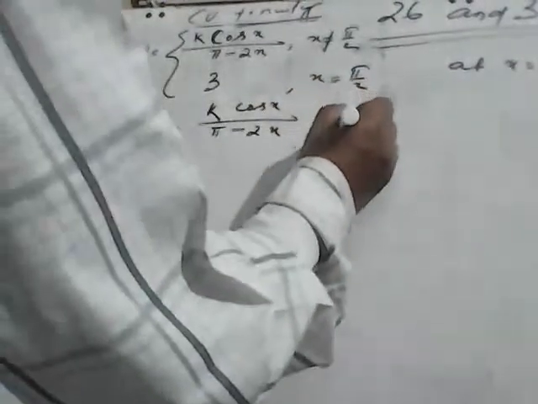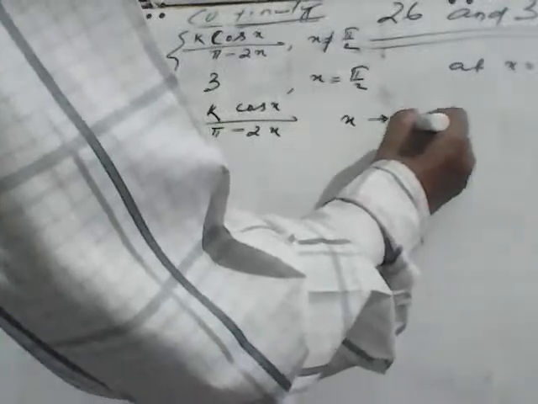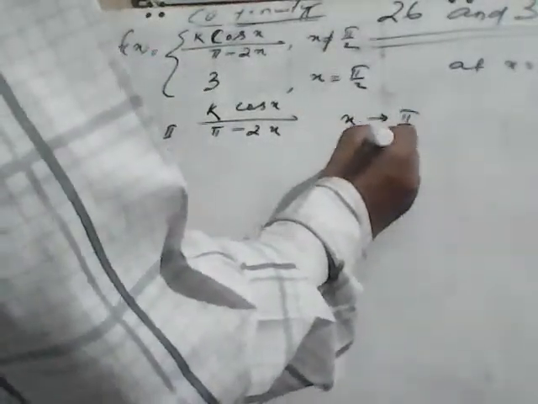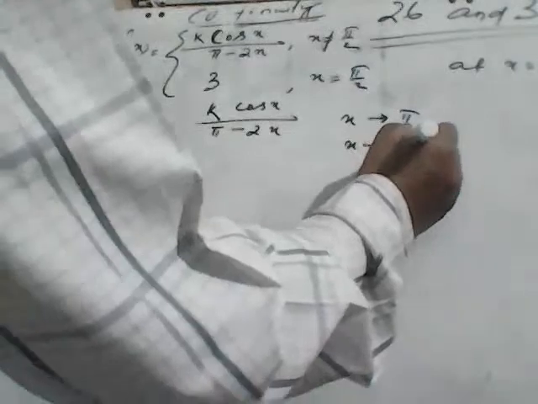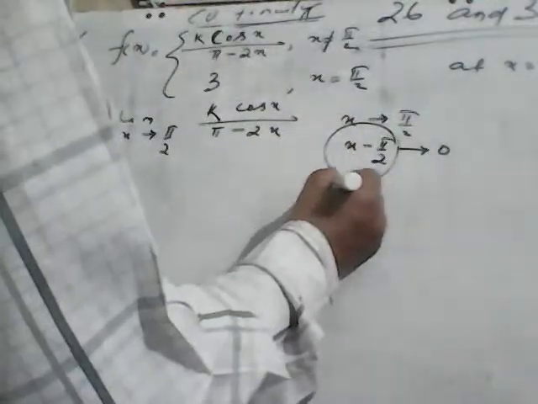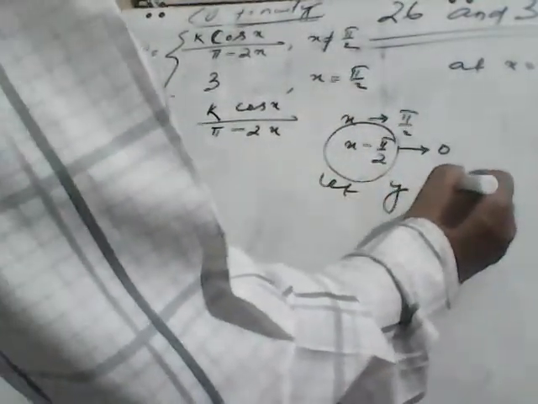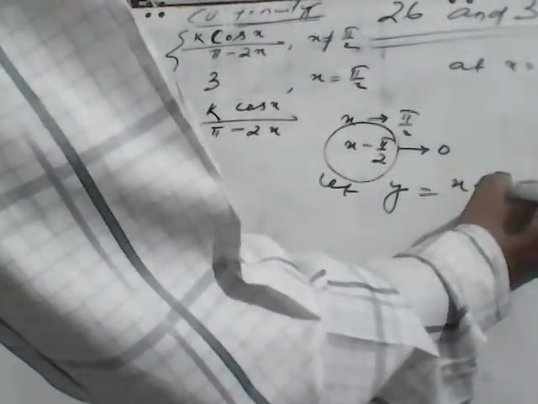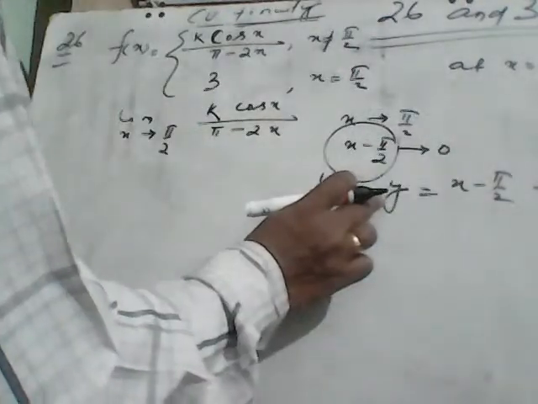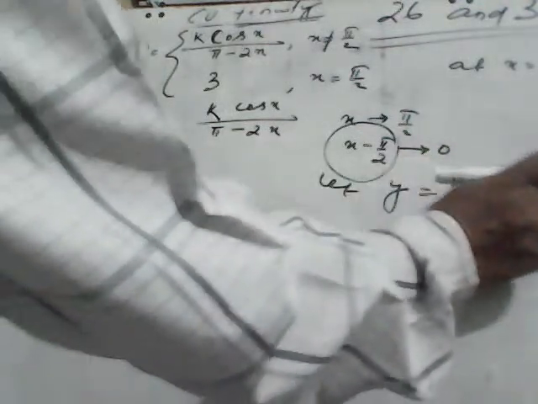If x approaches pi by 2, then x minus pi by 2 approaches 0. Let y equal x minus pi by 2. Then x minus pi by 2 approaches 0 means y approaches 0.